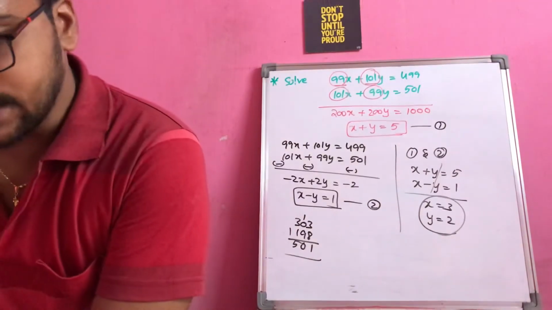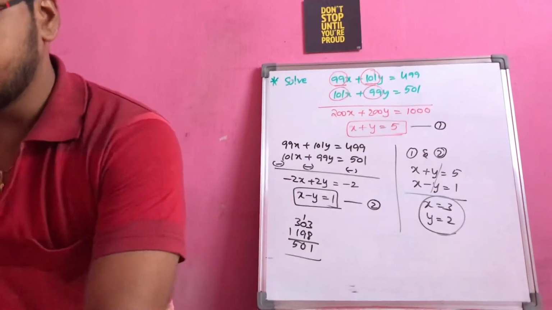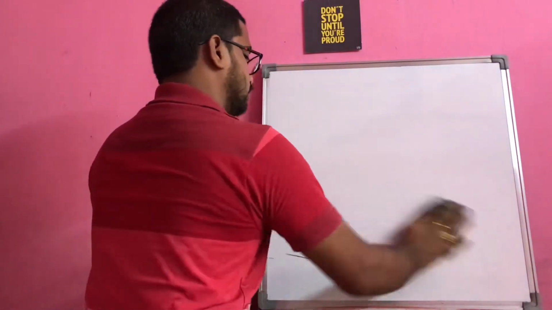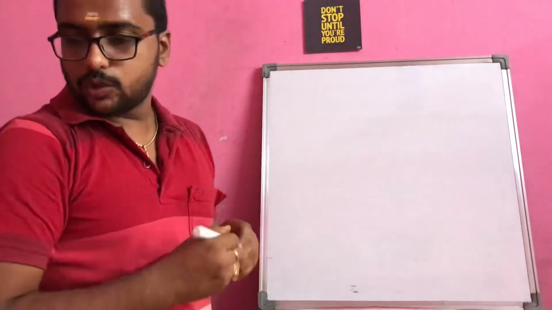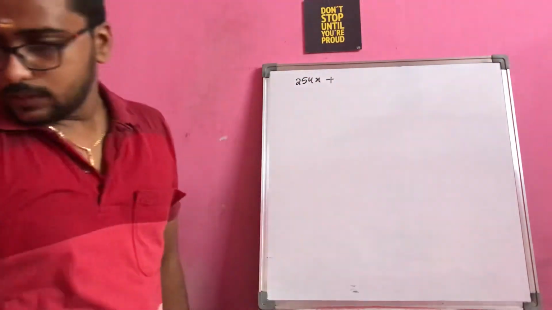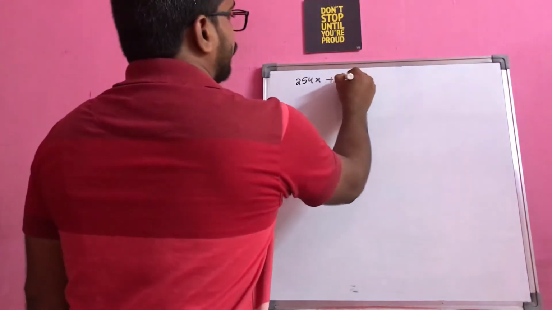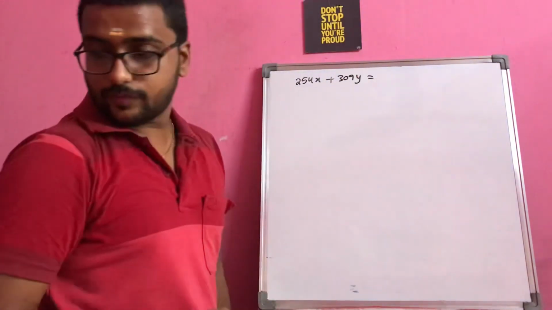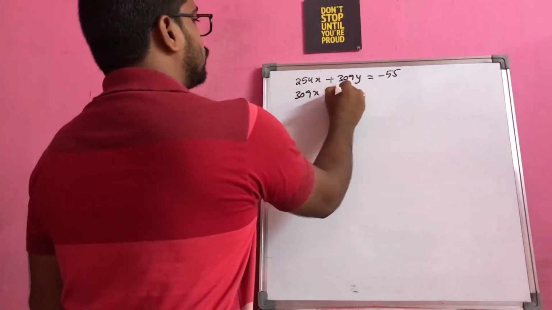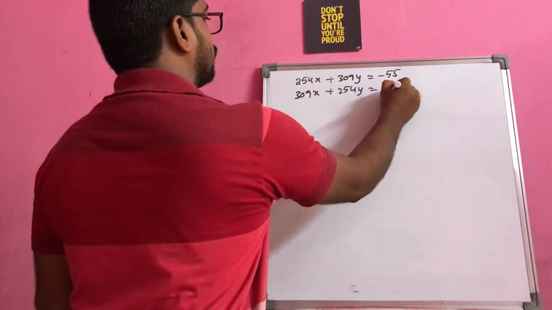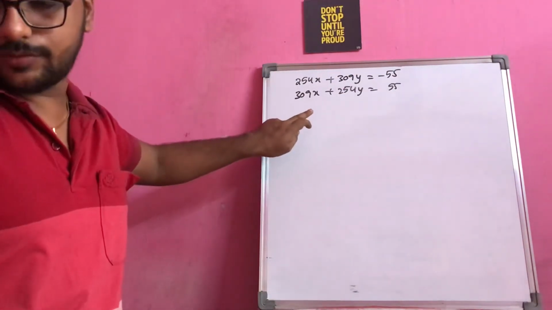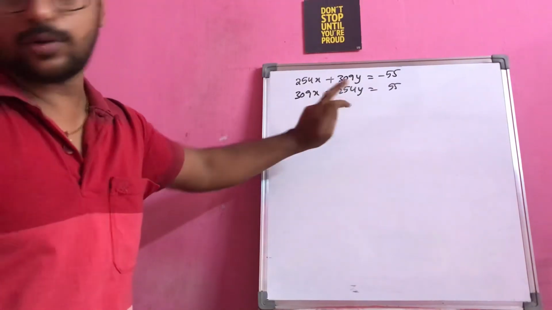Shall we see one more example with this model? See this. One more example we will see. 254x plus 309y is equal to minus 55. 309x plus 254y is equal to plus 55.